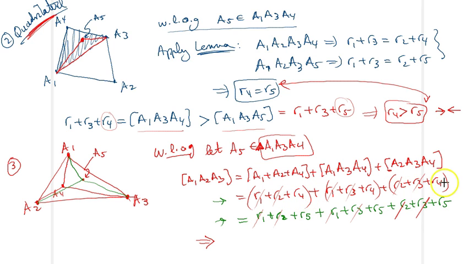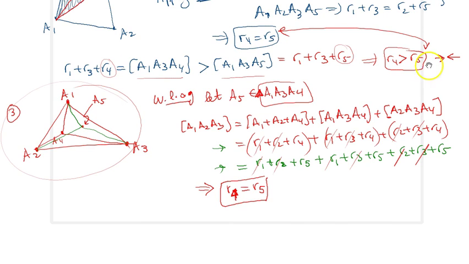As a result, we get 3 R4 is equal to 3 R5, or you can say R4 is equal to R5. But that's a contradiction. It contradicts our previous result, which also applies to this condition as well.